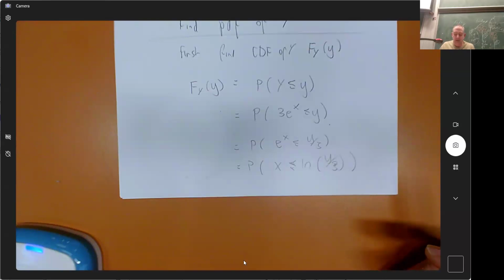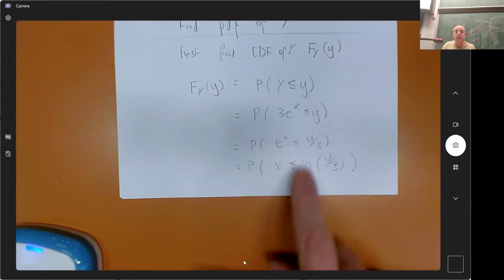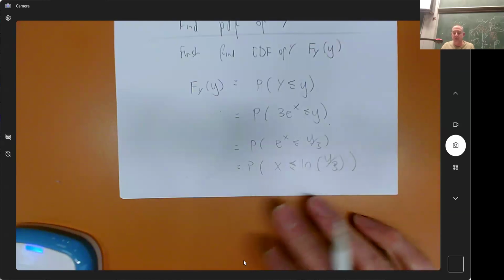Cool. ln is a perfectly good increasing function, and so when I do it on both sides of an inequality, it will still stay the same way round. If I did a decreasing function on both sides, it would flip.